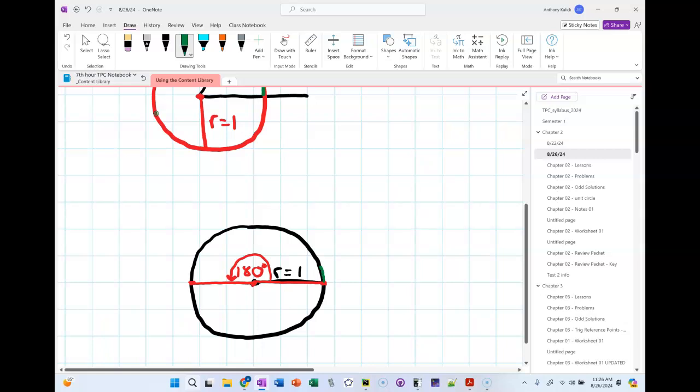So the radian measure for that 180 degree angle will be the same as that green distance, right?